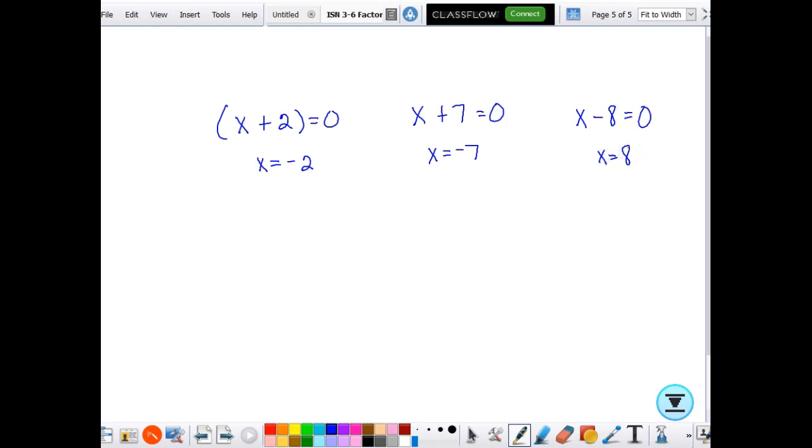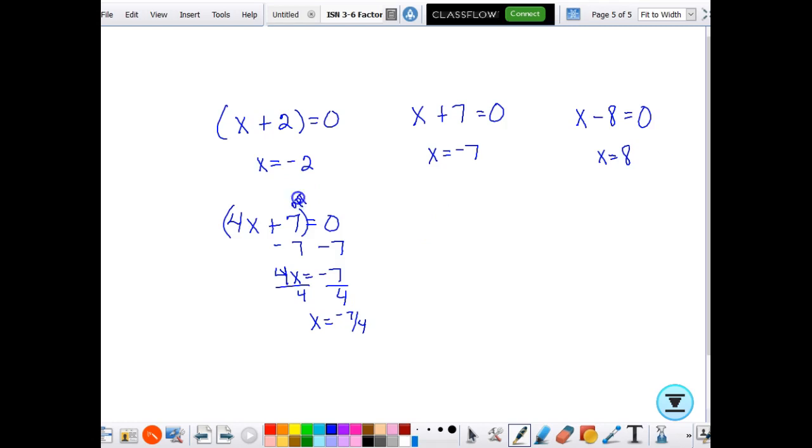If you have 4x plus 7 equals 0, if that was one of your binomial factors, you can subtract 7, get 4x is -7, divide by 4. x is -7/4.